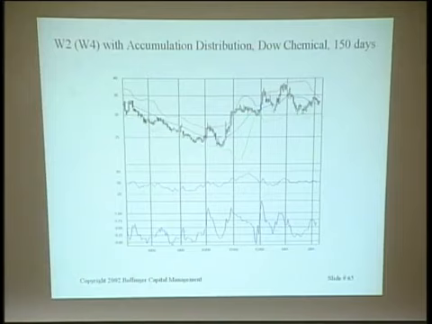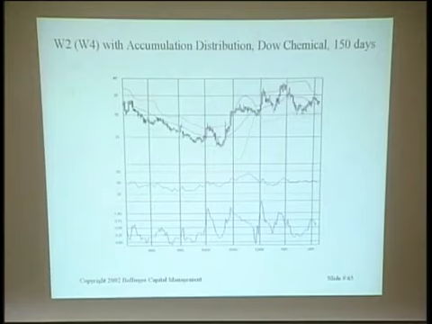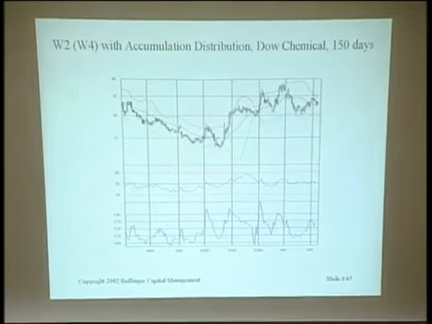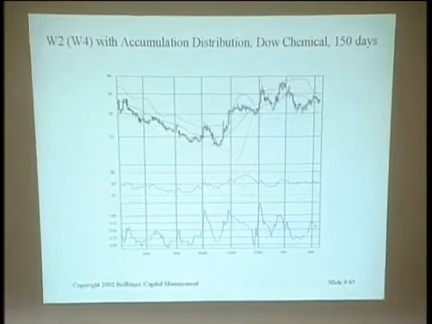Here is really where the rubber meets the road in terms of our approach. We come down and we make a primary low here. We bounce back and we make a secondary low. So the second low, where we come down and retest, makes a new low on an absolute basis.